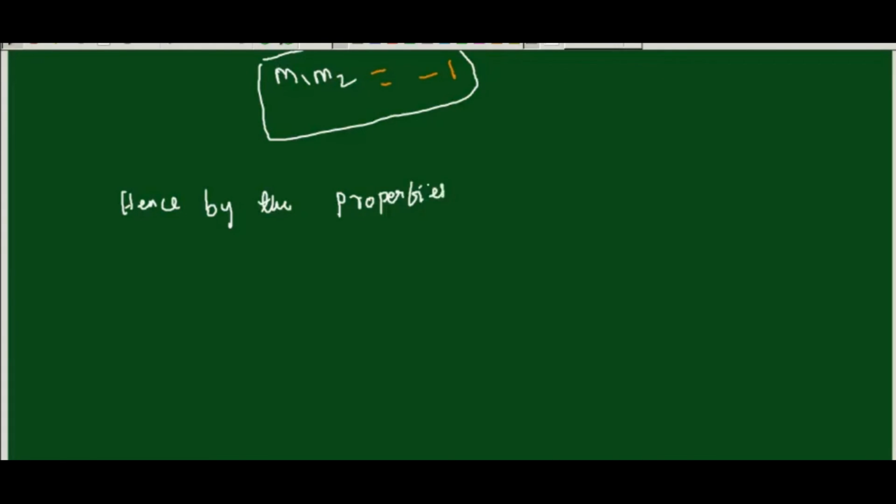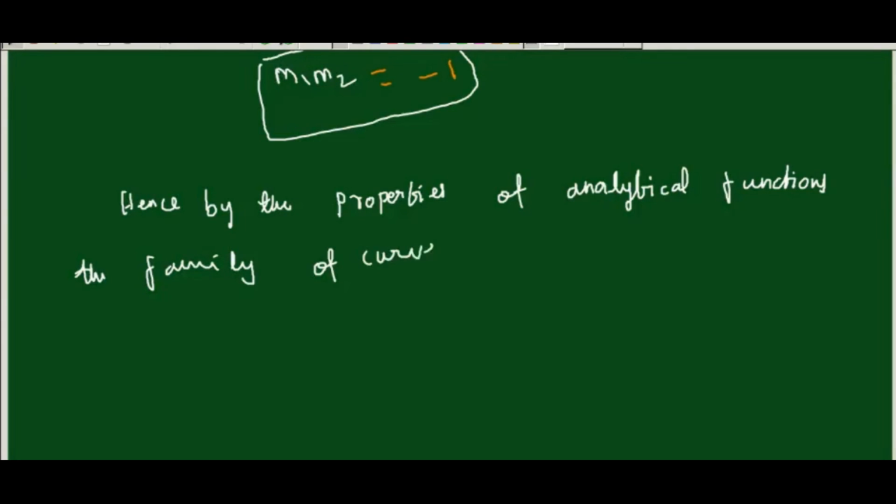Using the properties of analytic functions, the family of curves u is equal to C1 and v is equal to C2, as given, cut orthogonally.